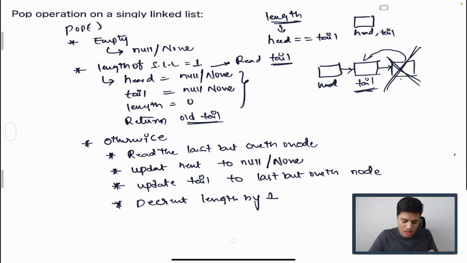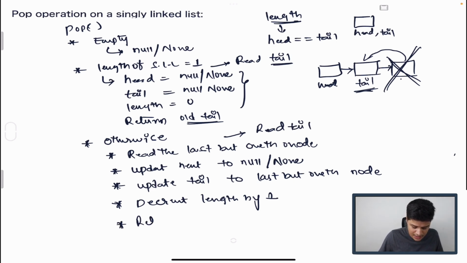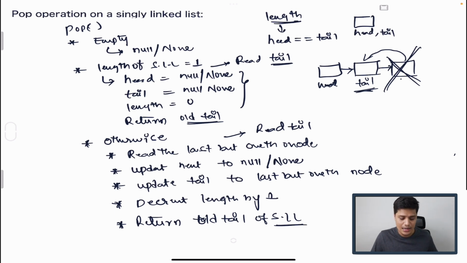In the end, just like how we read the tail node earlier, we will first read the tail node here as well, so that in the end we can return the old tail, which is getting deleted from the singly linked list as part of the pop operation. So this is the pseudocode for implementing the pop operation on a singly linked list.